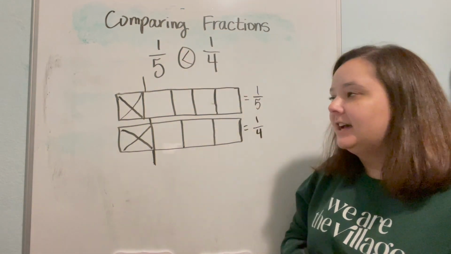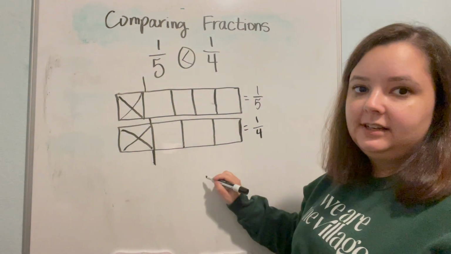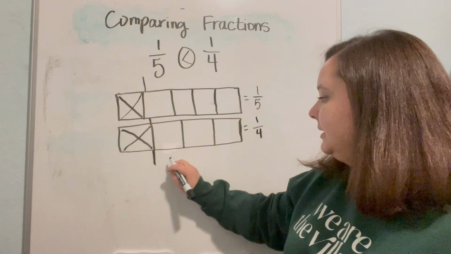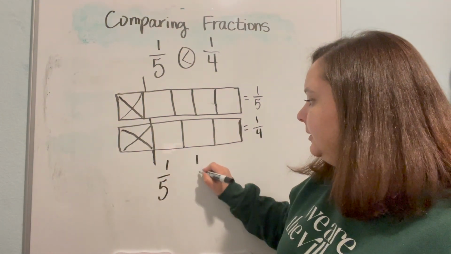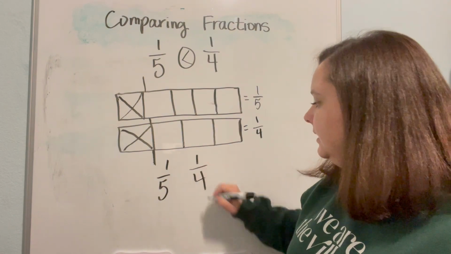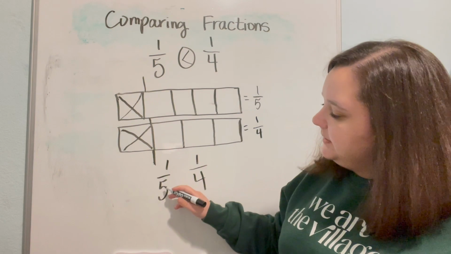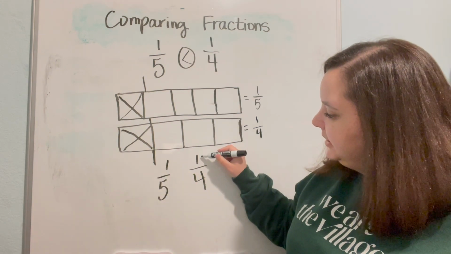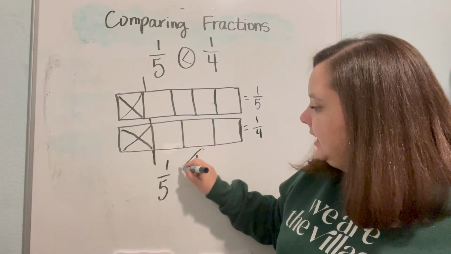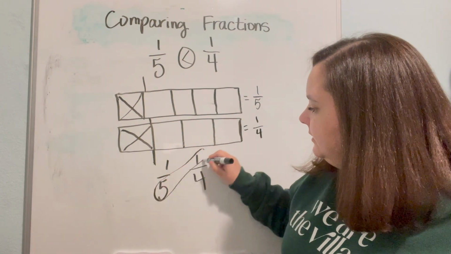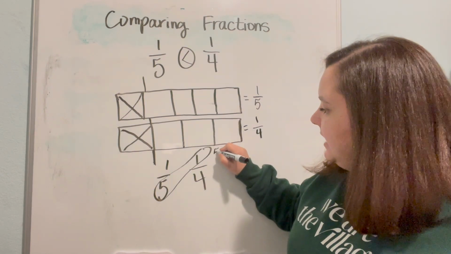Now, just to double check, I'm going to go ahead and cross multiply. So underneath where I have here, I'm going to rewrite my two fractions. So I have 1/5 and I have 1/4. When you cross multiply, you take the denominator of the first fraction and multiply it times the numerator of the opposite fraction. So I have 5 times 1, which gives me a 5.